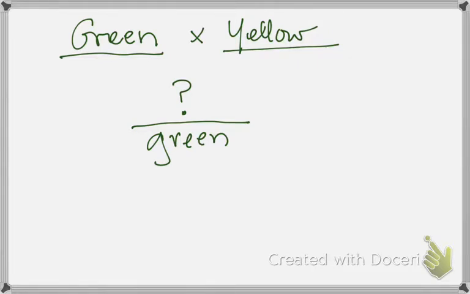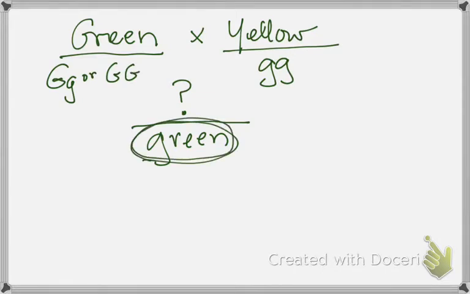Well, can we figure out what the yellow parent's genotype is? Has to be little g, little g. What are my options for the other parent? Big G, little g, and big G, big G. Great. Now, this offspring is green. Does it matter what the genotype was for the green parent?